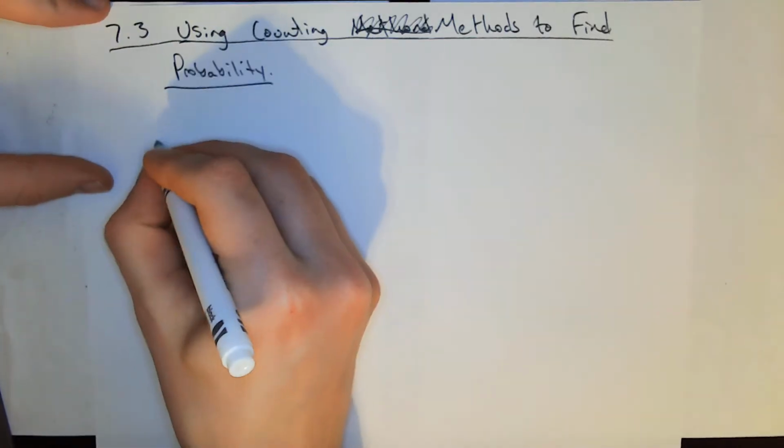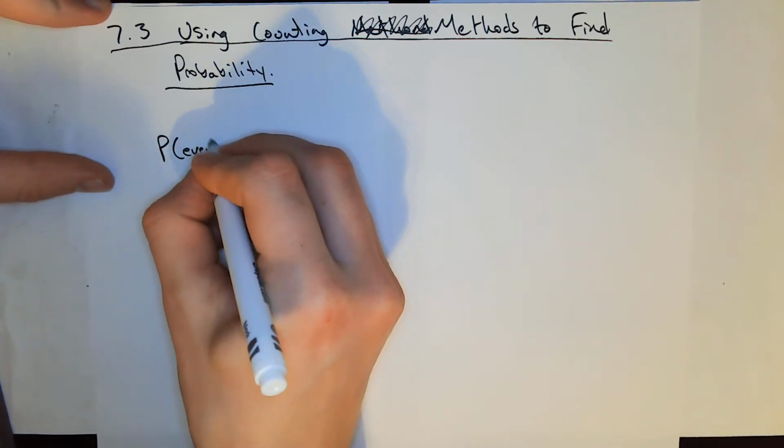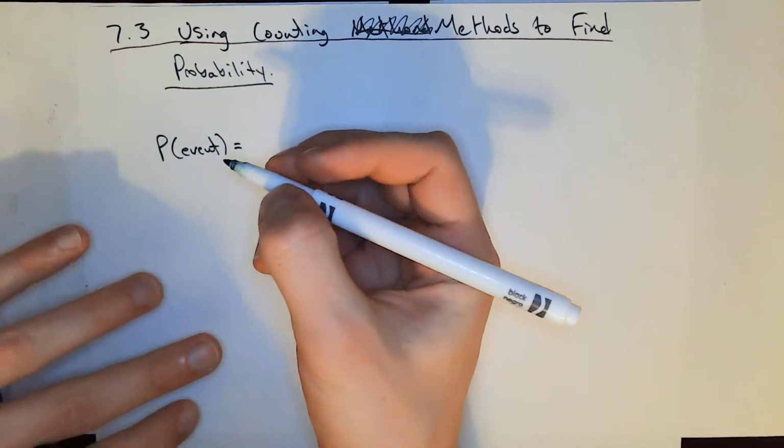So recall that the probability for some event is just a fraction, right?